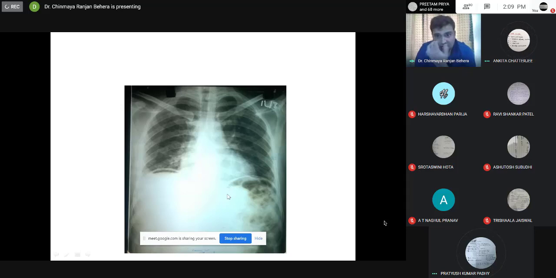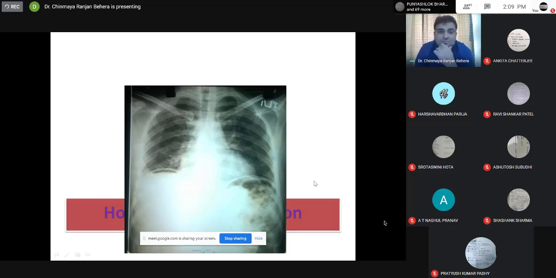Yes, sir. Even on the left side, this is an outline of the stomach, so air is in the stomach. Even between the stomach and the diaphragm you can see there is air. So this is an X-ray chest PA view showing air under the diaphragm.